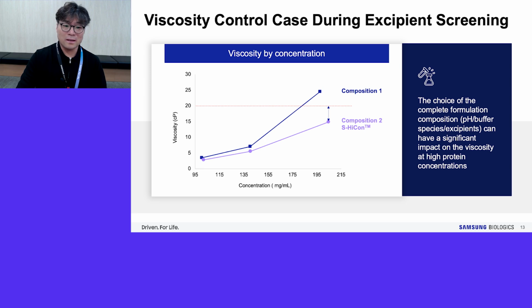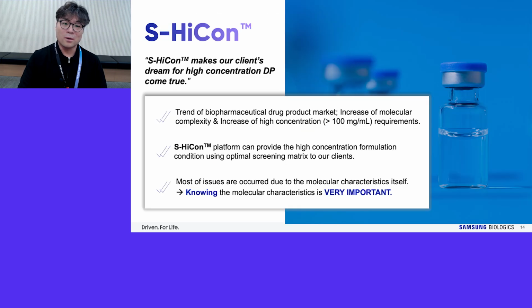As you see, in the over 200 mg per ml case, we can manage the viscosity below 20 cP. As per this testing, we got 15 cP for 200 mg per ml using the SICON formulation screening platform. So our SICON platform can achieve over 200 mg per ml with well-managed low viscosity and good stability.